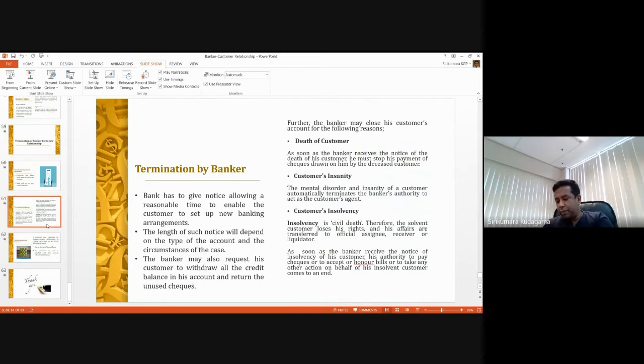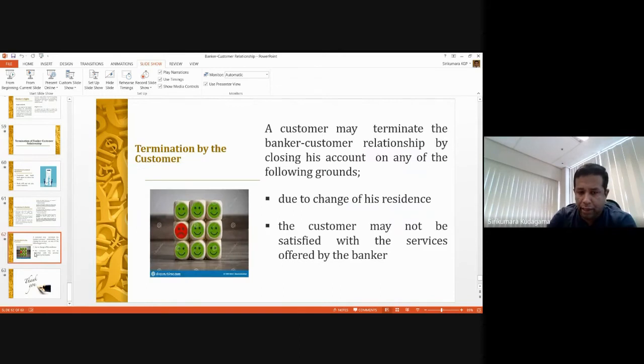If the customer has gone insane, if the customer is not of sound mind, the banker needs to take a decision and stop the relationship. And customer's insolvency: the customer is after that supposed to be a person who cannot make civil transactions, basically commercial transactions. He cannot enter into transactions. In those circumstances, the banker needs to know that the relationship comes to an end.